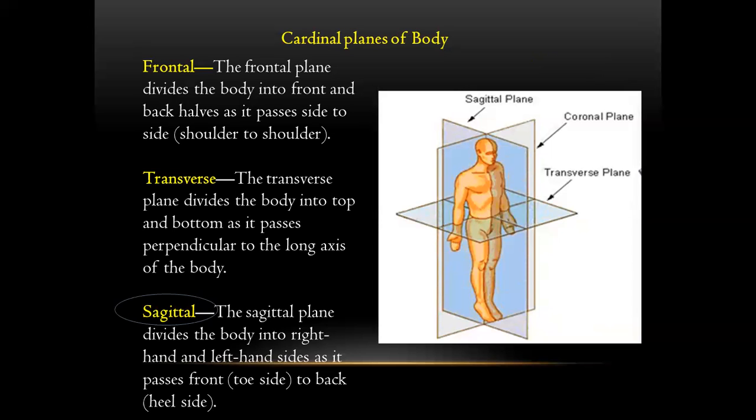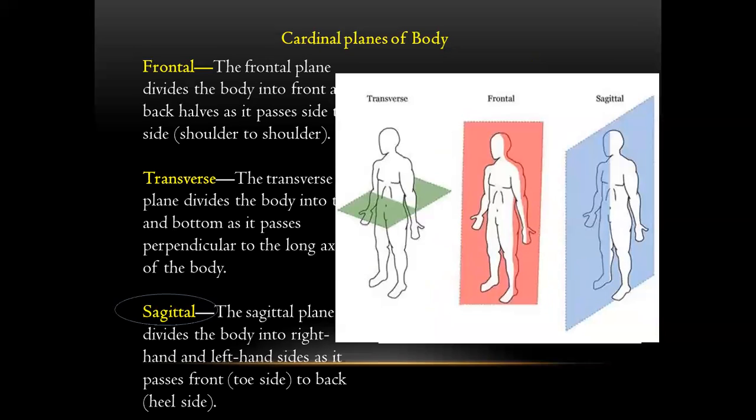The transverse plane divides the body into top and bottom as it passes perpendicular to the long axis of the body. So these are the three planes of the body: transverse, frontal and sagittal plane. I hope it's clear.